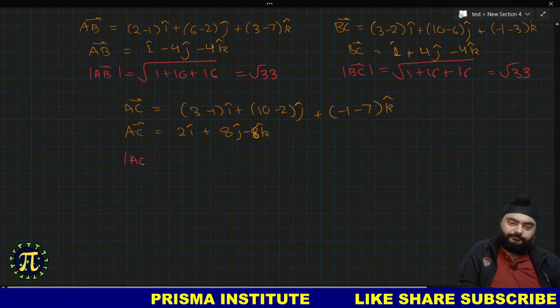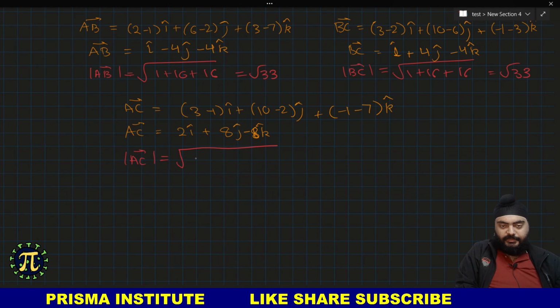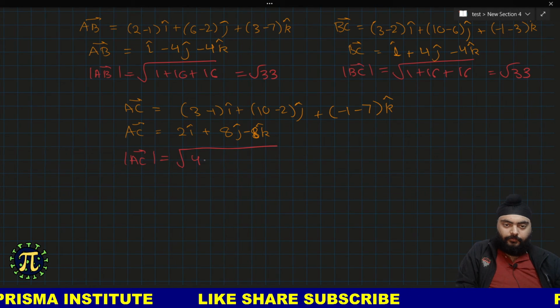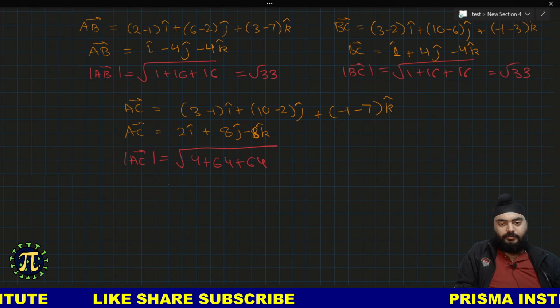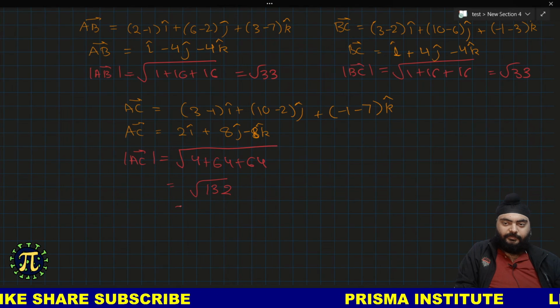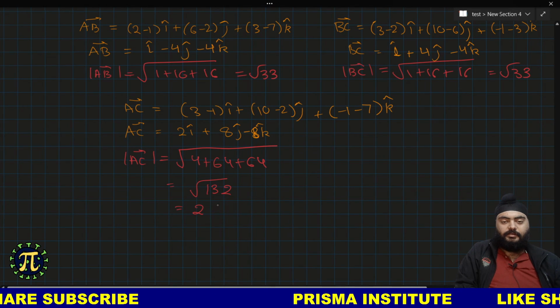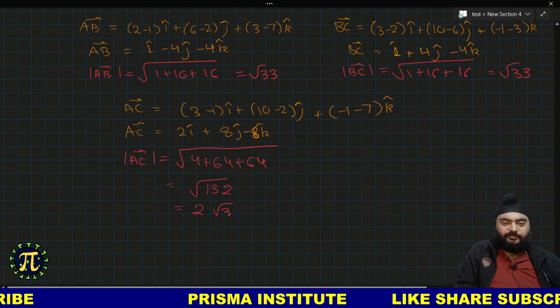Magnitude of AC is 4 plus 64 plus 64. So 132. And if I take 2 outside, so divided by 4, 33 is left inside.